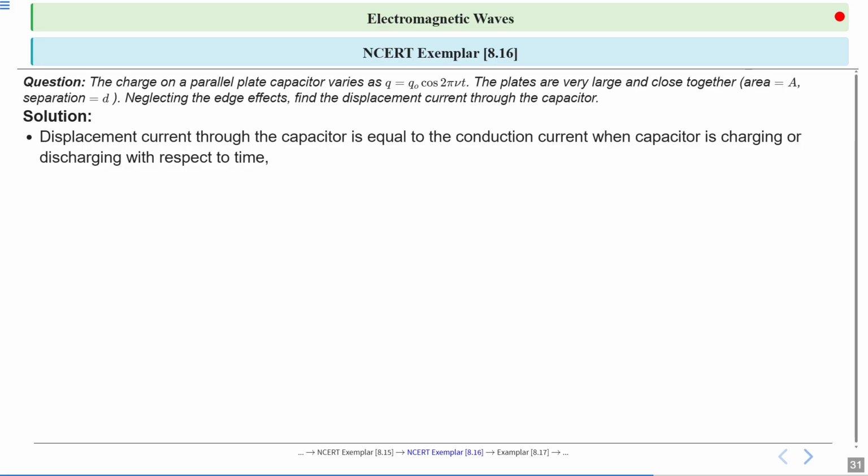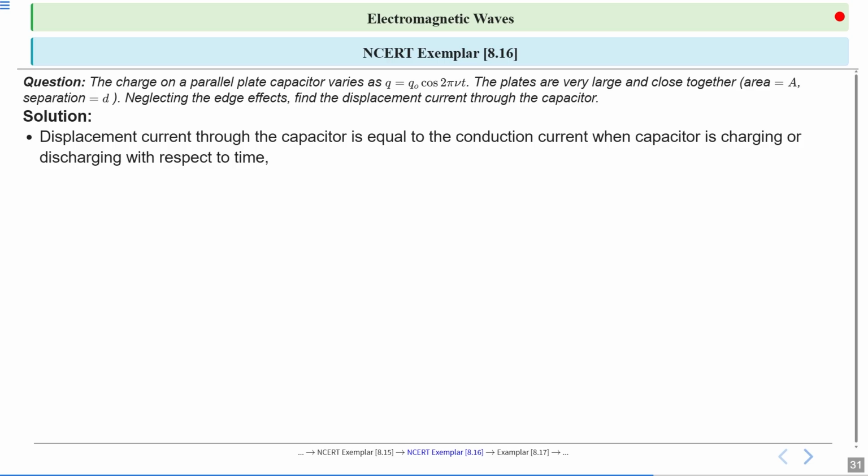We have discussed when a capacitor is charging or discharging with respect to time. In the case of DC, when the capacitor is fully charged, it will block the current. So there will not be any conduction current or displacement current. Displacement current occurs only when the capacitor is charging or discharging with respect to time, or when the capacitor is connected to an AC supply, in which charging and discharging happens in a cycle.